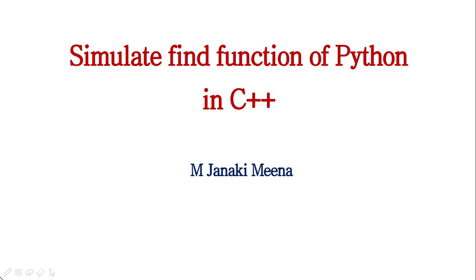For example, let me say I have a string S1, and I want to know whether S2 is part of S1. I can call it like this, S1 dot find of S2. This is the way we work in Python.